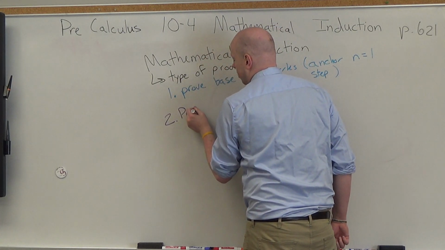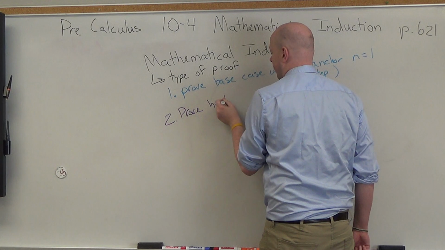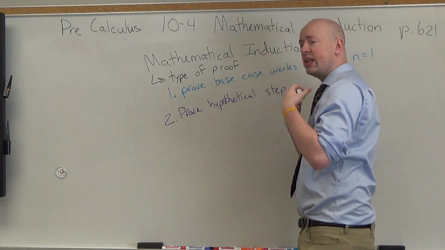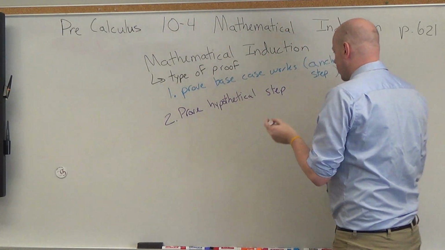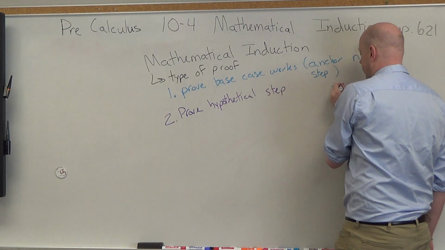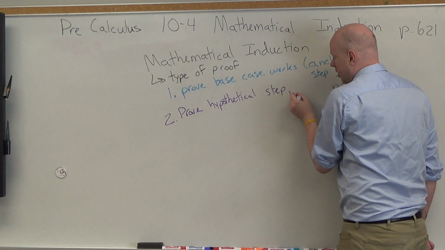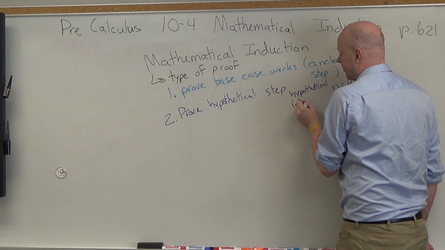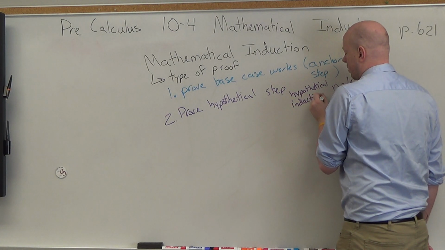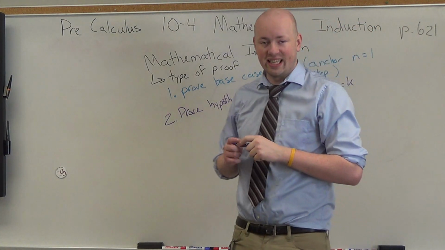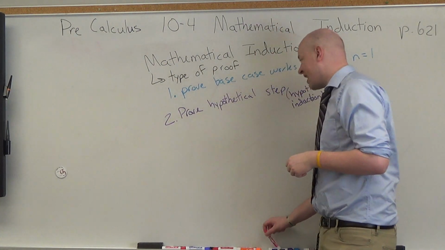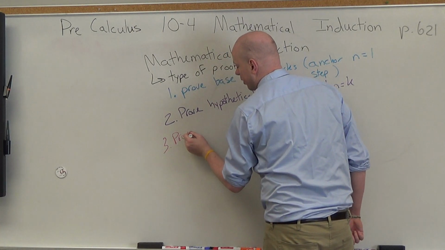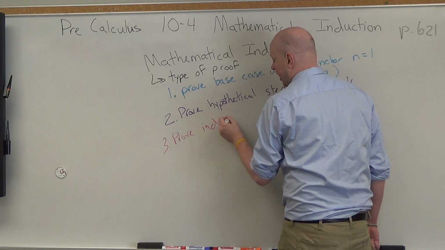So prove a hypothetical step, where I don't really know where I'm at in the chain, so we'll just say that that is our n equals k, and that is just called the hypothetical induction step. Hypothetical induction step.